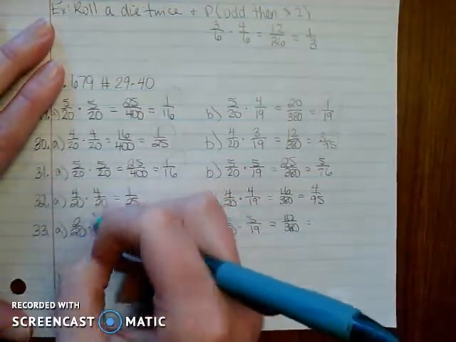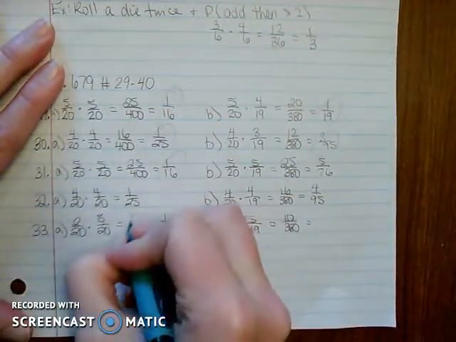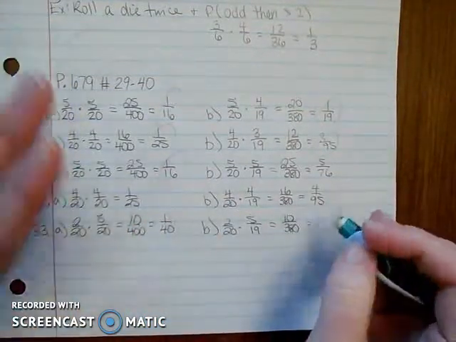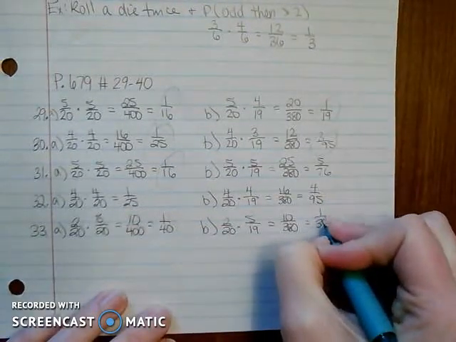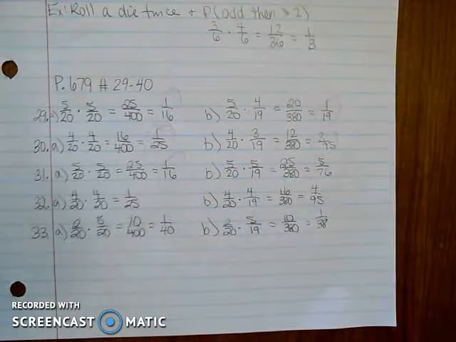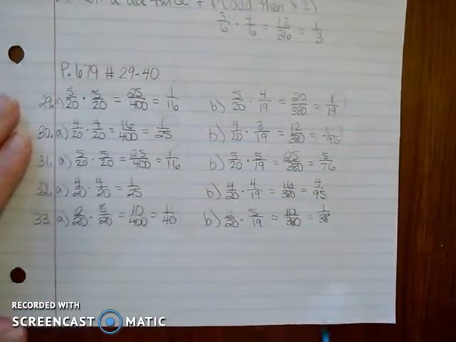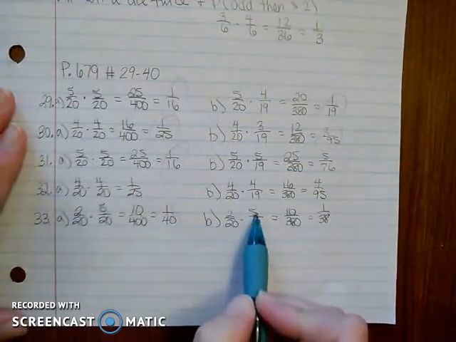Sorry. This one was right. 10 out of 400, 1 out of 40. This is right. I just did it wrong in my paper. So this is going to be 1 out of 38. There we go. Sorry. 2 yellow birds, 5 lions.